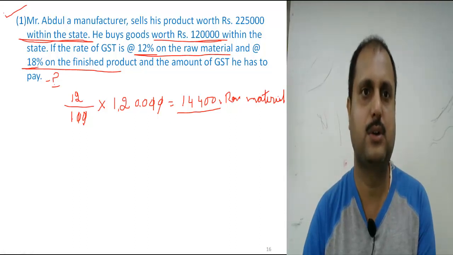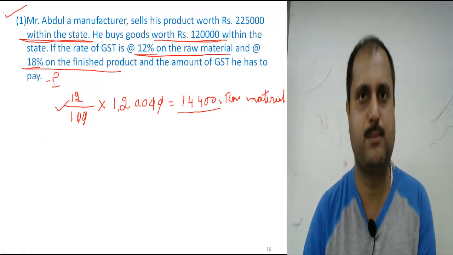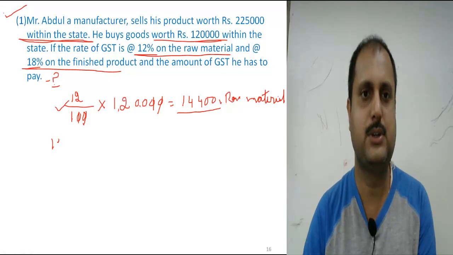Now let's find out the output GST. This will be called the input GST. Now 18% over 100, you can multiply it with 2,25,000.